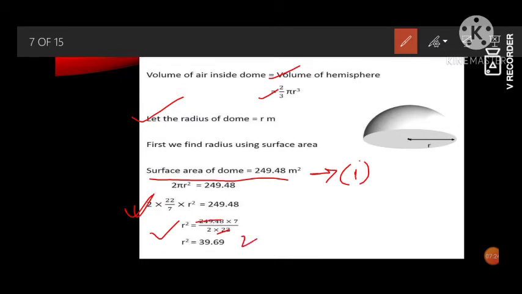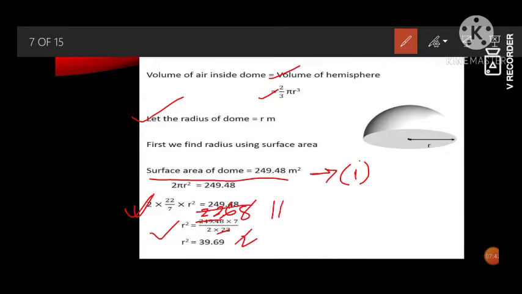So we'll get 2, again 2, 6, 8.22.68. So this can be cancelled with 2 again.